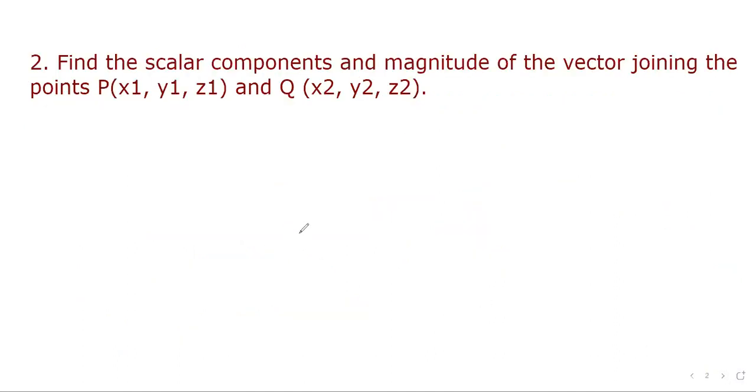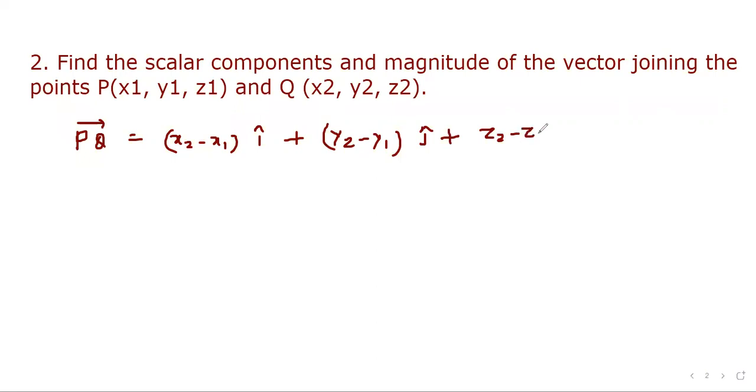Now, the second question is: find the scalar components and magnitude of the vector joining the two points. Suppose we want to find out PQ vector, so we find the difference of the two: x2 minus x1 times i cap plus y2 minus y1 times j cap plus z2 minus z1 times k cap.